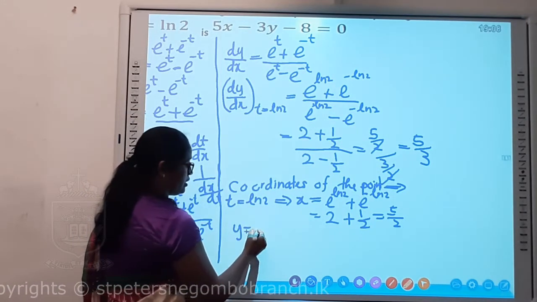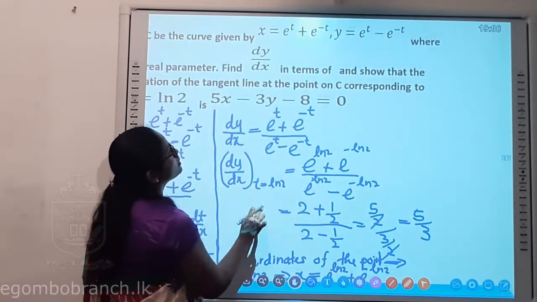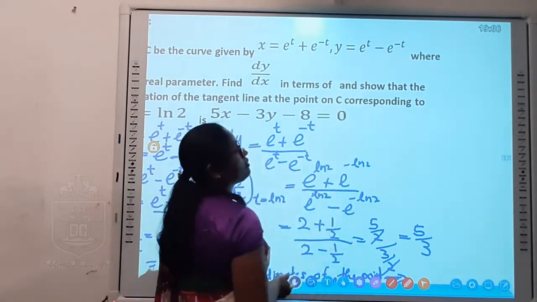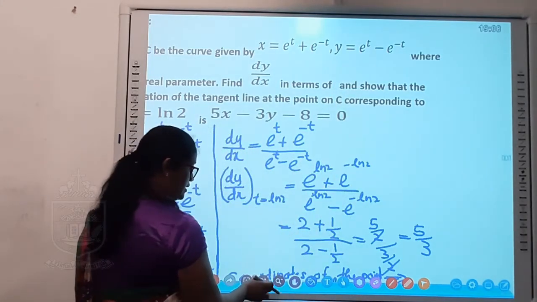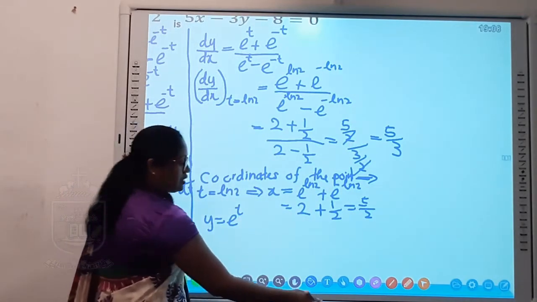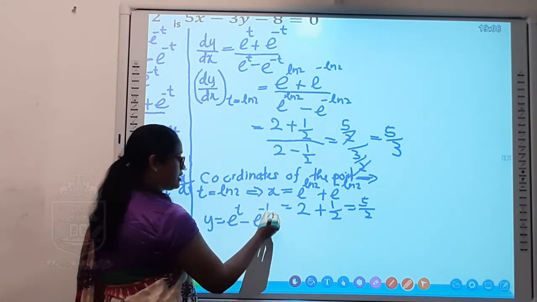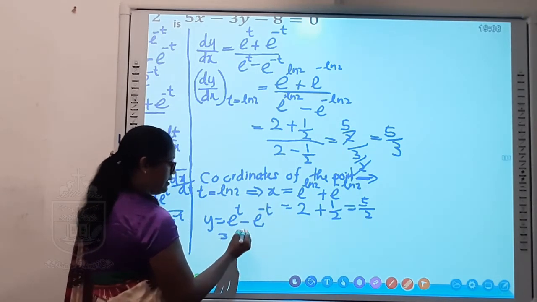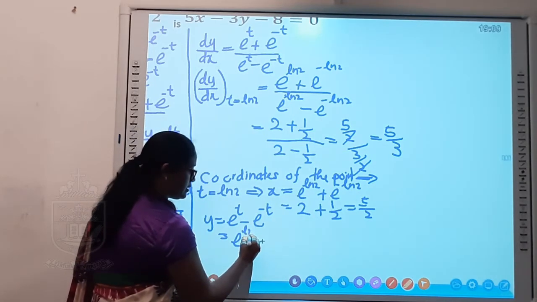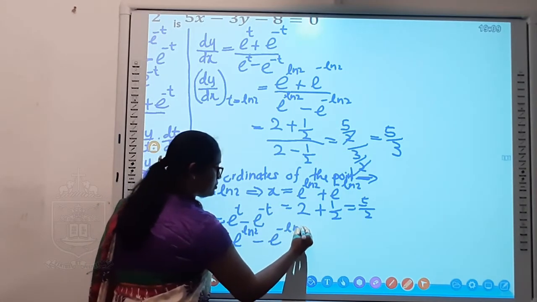Y is equal to e to the power t minus e to the power minus t, right? I just put in ln2, so e to the power ln2 minus e to the power minus ln2.